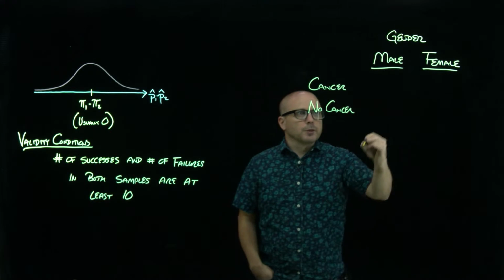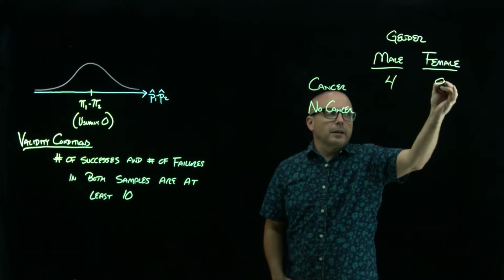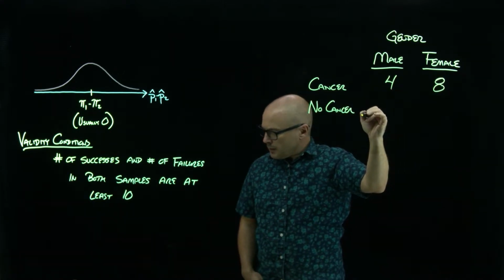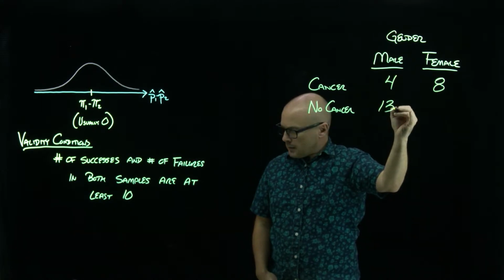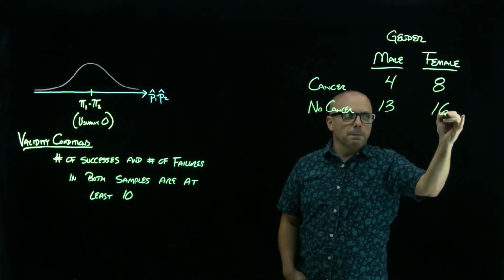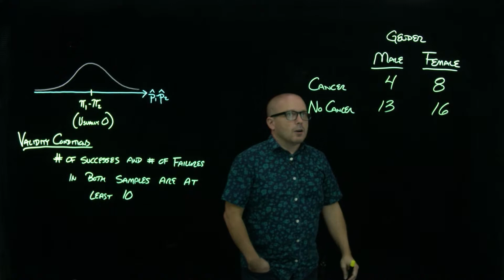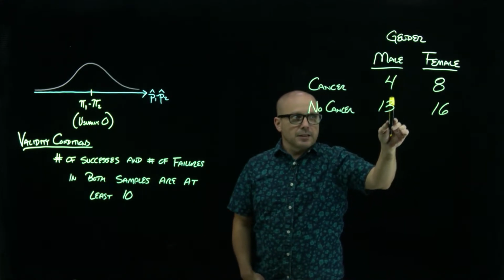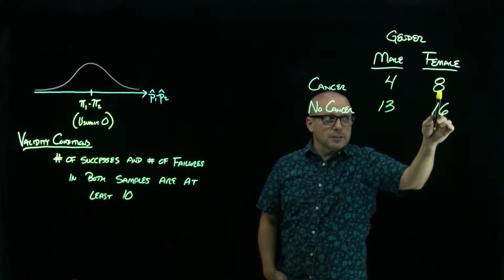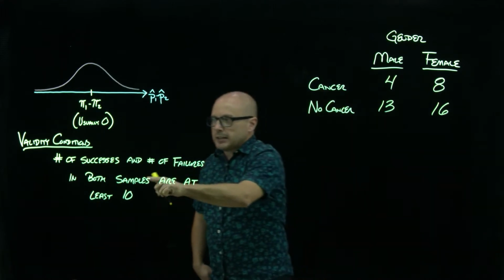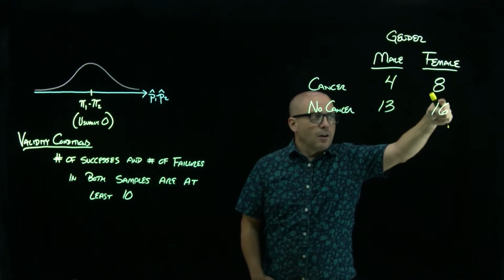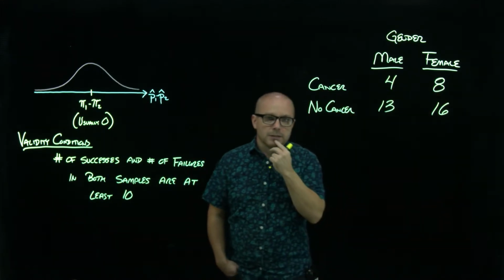And our numbers were 4, 8, 13, and 16. And so for males, there's your success and failure. For females, there's your success and failure. So these validity conditions are really saying that all four of those entries in the table need to be at least 10.